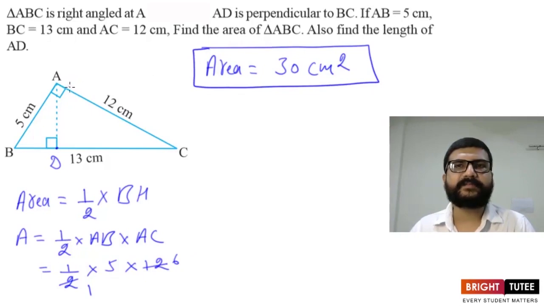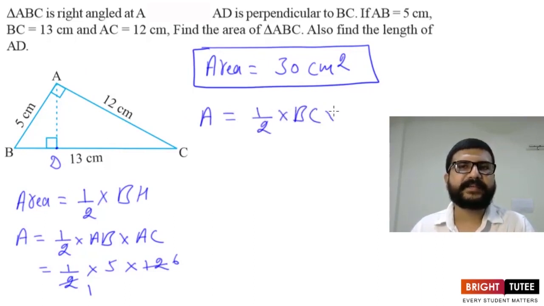Now what else we have to find? We have to find the length of AD. Now if we consider the BC as a base, can we find its area? Yes, we can do that. So area will be equal to half into BC, which is base, into height. So this time height will be AD. Now from here we can put the values of area and BC here.